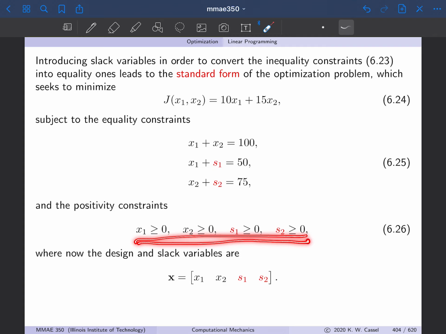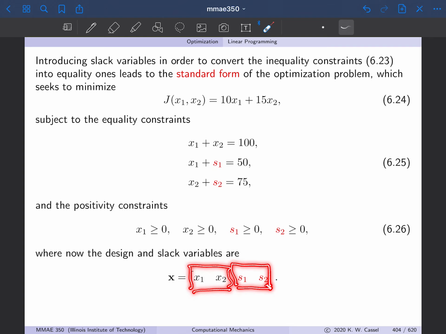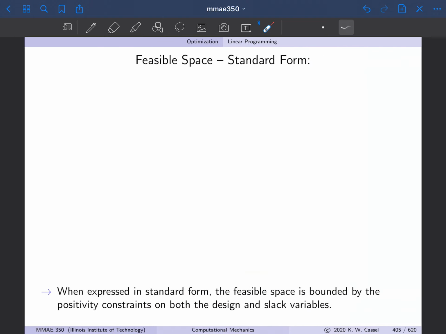Each variable has its own positivity constraint. Now the vector of design variables includes the slack variables as well. So the vector x includes the x1 and x2 design variables plus the s1, s2 slack variables. So we have gone from 2 to 4 variables. Again, this is n and this is n plus s.